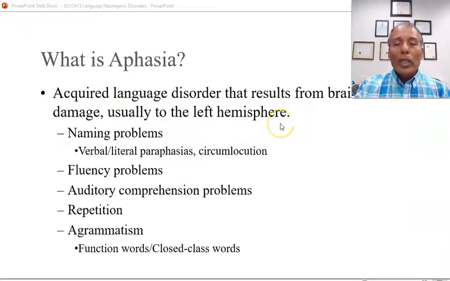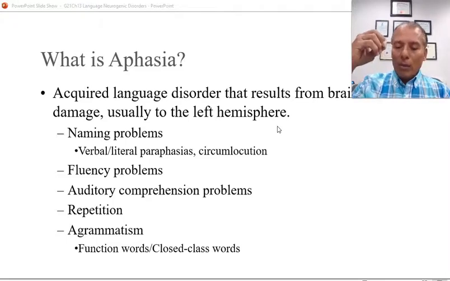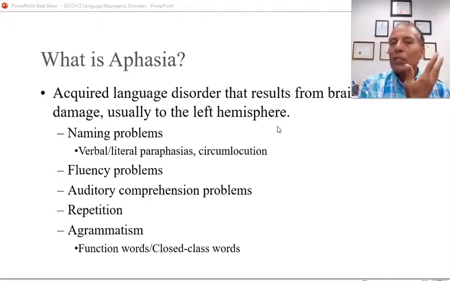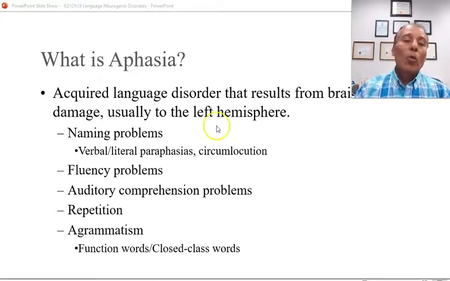So the language abnormalities that result from strokes that occur in the left hemisphere, we know as aphasia. So aphasia is a left hemisphere disorder. It is caused by strokes for the most part.